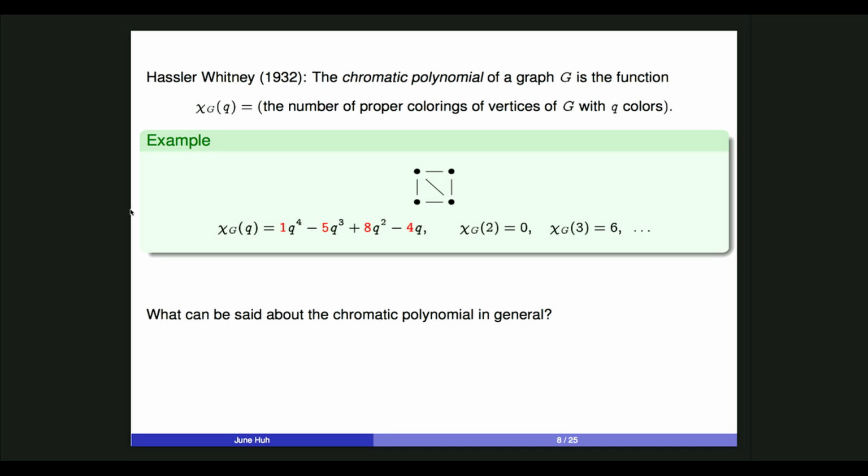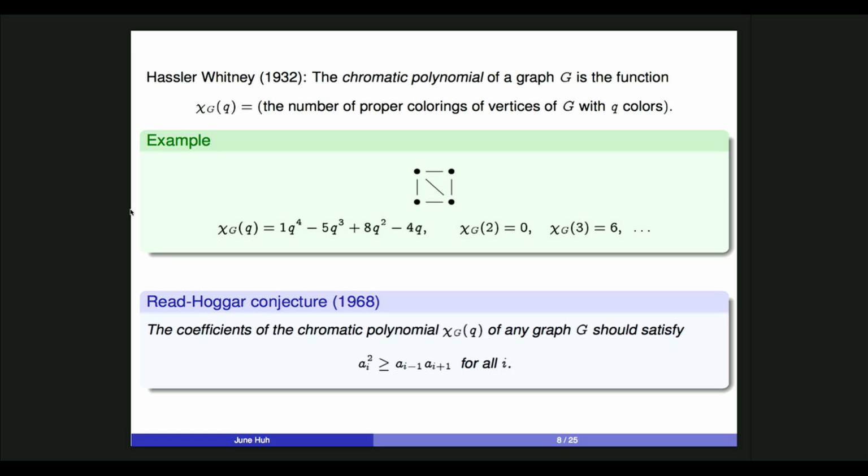So, of course, you can ask many subtle things about these chromatic polynomials for a particular class of graphs. But what I'm interested in is what can possibly be true for chromatic polynomials of all graphs. So it's something very universal.